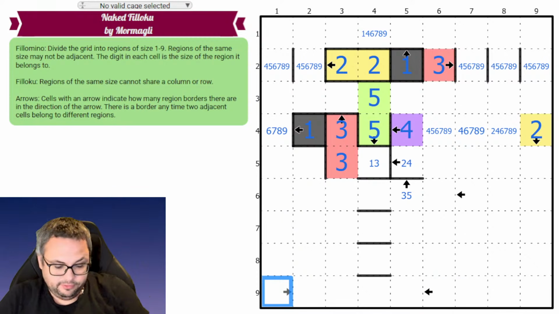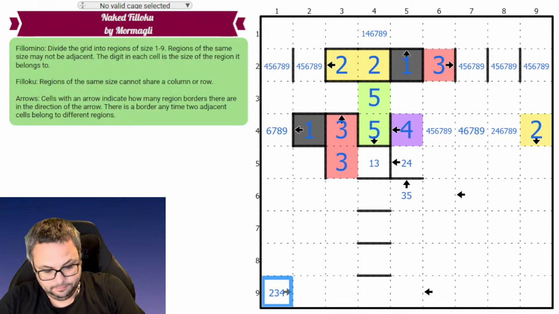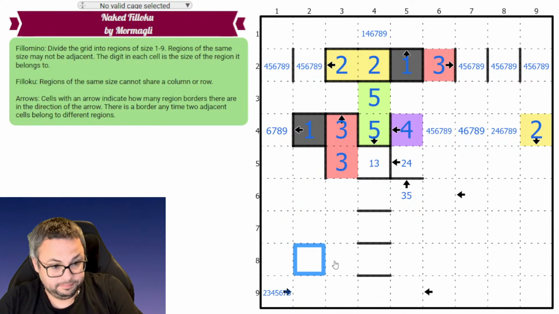I'm confident that this number is not a 1. It can't be a 9 either.